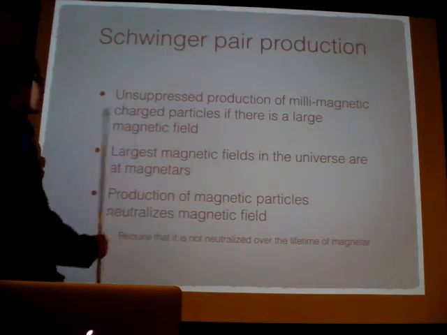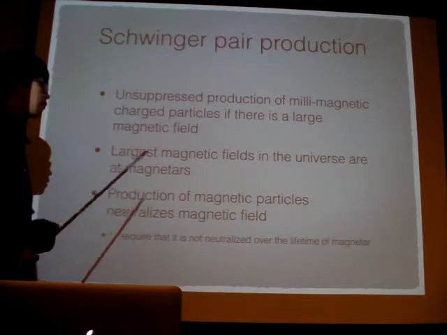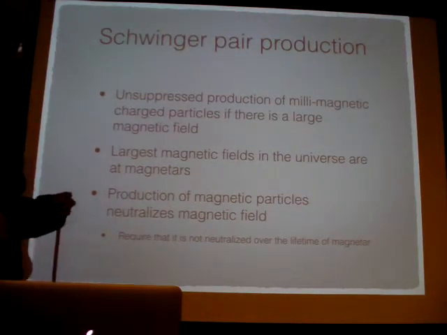The largest magnetic fields in the universe are magnetars. You can use these magnetars to constrain these new particles because Schwinger pair production neutralizes magnetic fields. And so the very existence of a magnetic field this large will tell you a bound, essentially that Schwinger pair production is not happening.